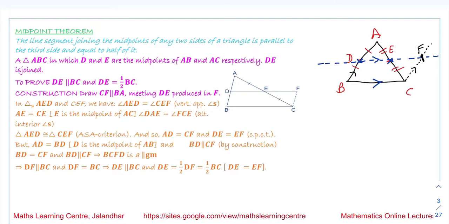Now, if we look at the triangle AED and the triangle CEF, these two angles are equal to each other because they are vertically opposite angles.